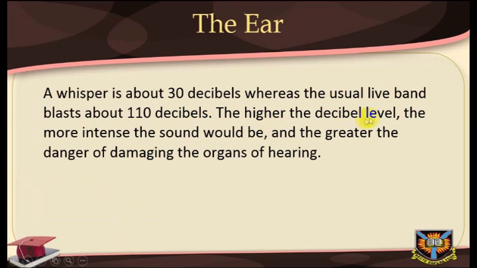The higher the decibel level, the more intense the sound would be, and the greater the danger of damaging the organs of hearing. This is why people that work near noisy equipment are always advised to wear ear protecting equipment.